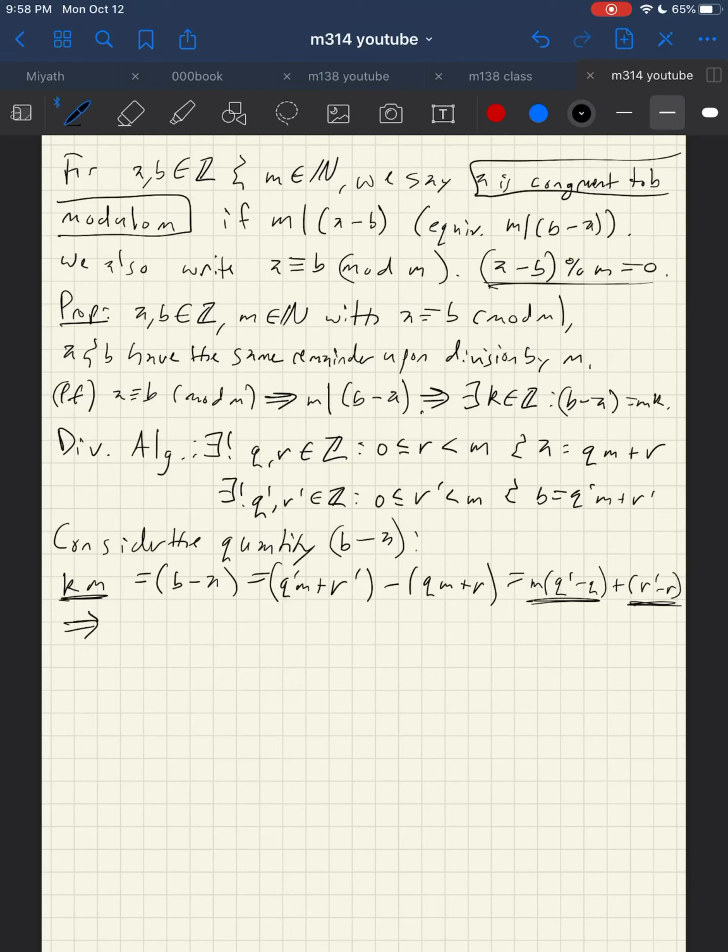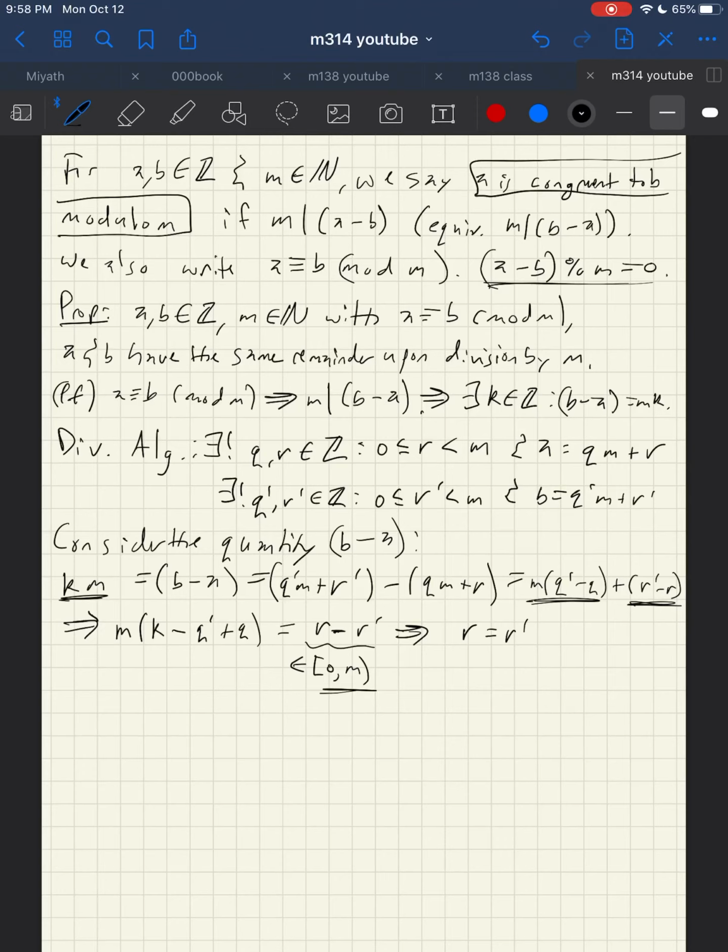Let's move all the m factors to the left-hand side, and I've got m times the quantity k minus q prime plus q equals r minus r prime. But both of these are in the set 0 up to m, excluding m, which means they have to equal each other, because the only multiple of m that I can get with a difference of two numbers out of here is m times 0.